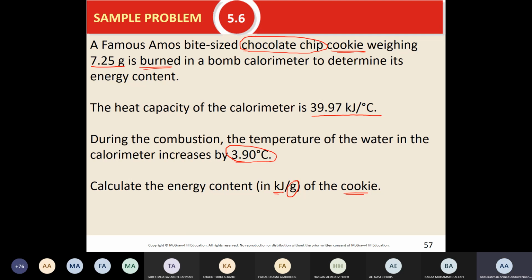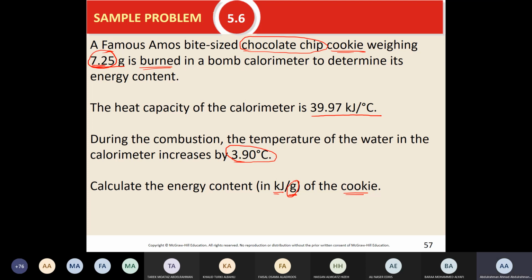I want it in kilojoule per gram. All right. How much did I burn? 7.25. So when I finish, I must divide the answer by what? To make it per gram. Divide by this number. Clear?